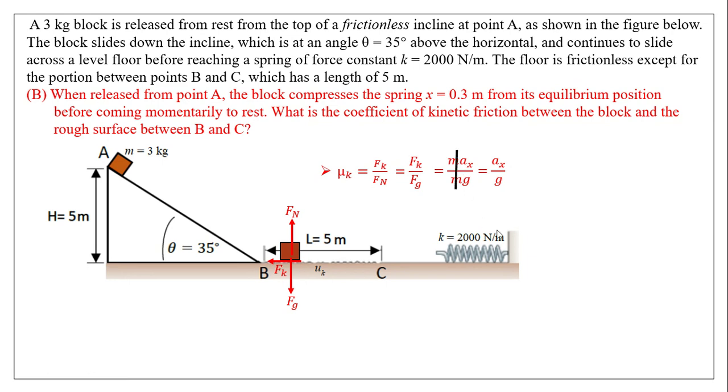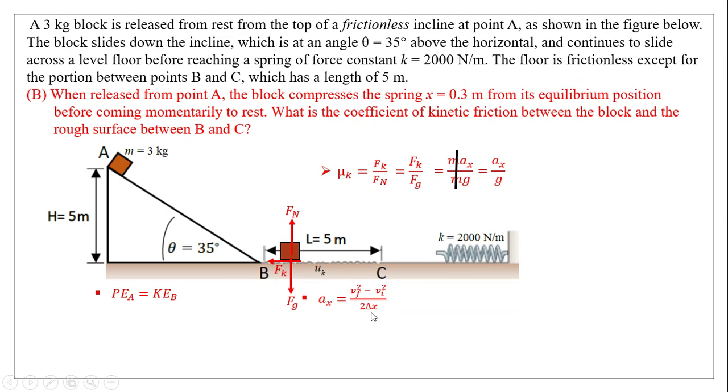So the only thing I need is ax and g. Well, I already know what g is. G is 9.8. The only thing I'm missing here is ax. So what I can do is use kinematics. I know that I don't have to go through time, right? I know that I can find the acceleration simply by taking vf squared minus vi squared over 2 delta x. Vf being at point C, Vi being at point B. So I'm just going to go ahead and find the two velocities here, because I know delta x is already 5.